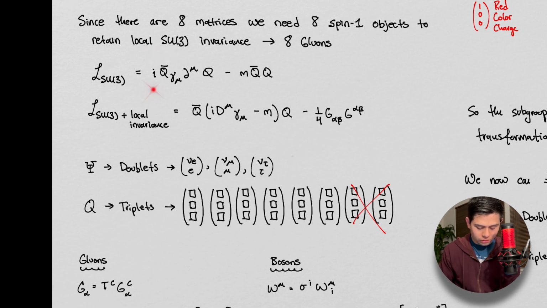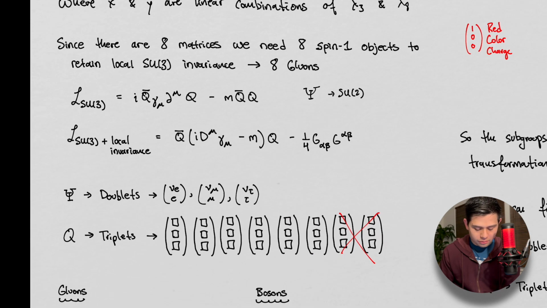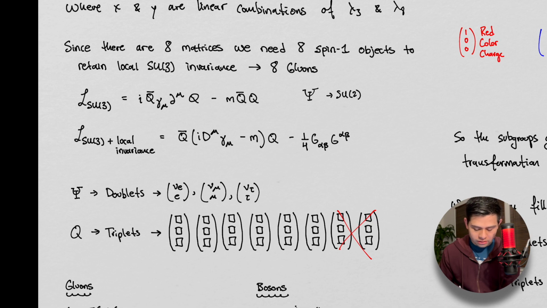So this is what our Lagrangian looks like. Really, this isn't that much different than what we've been seeing, right? It's just we have Q's now, because we want to distinguish between Q and psi, where psi was, if you recall, the dynamic object in the Lagrangian for the SU2 case.